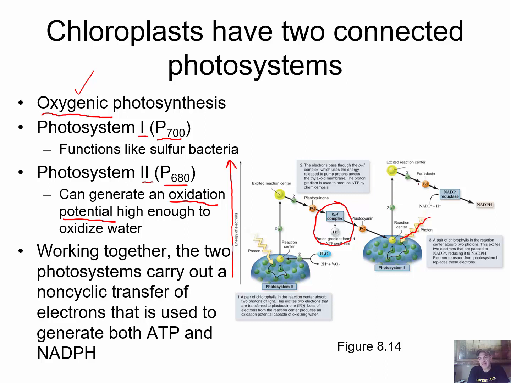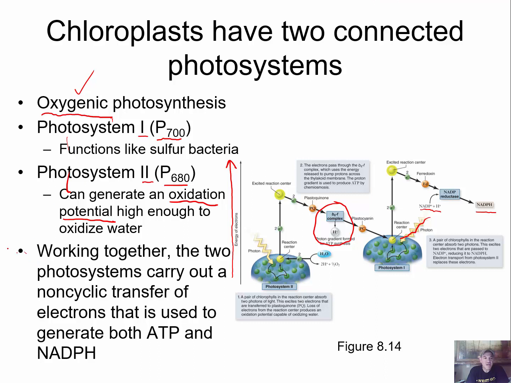Then they get passed through another chain, and one of the protein complexes in there is NADP reductase, which is going to take our NADP and add the electron and a proton on there and give us our reduced molecule, NADPH.